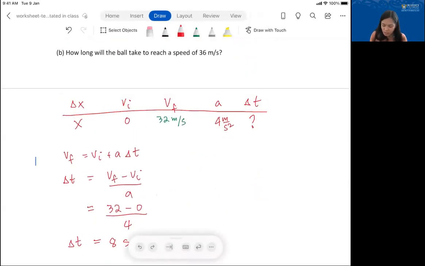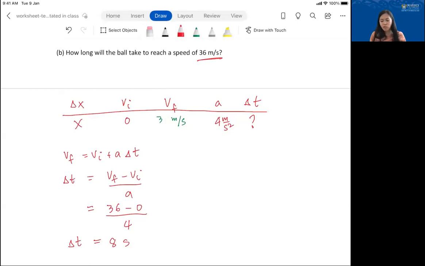So the question says, how long will the ball take to reach the speed of 36 meters per second? So our VF is not actually 32 from what we solved, but it's given to be 36 meters per second. I'm sorry for that oversight.